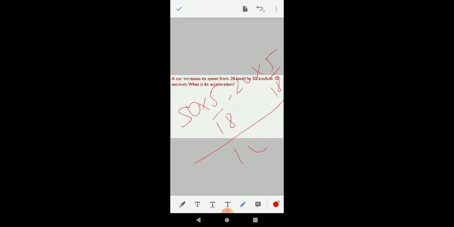So I get 50 into 5 by 18 minus 20 into 5 by 18, upon time taken, which is 10. These zeros will be cancelled out. I'll get 25 by 18 minus 10 by 18, that is 15 by 18. That will be the answer. Further you can simplify it, but I leave it to you, you will be able to do it.